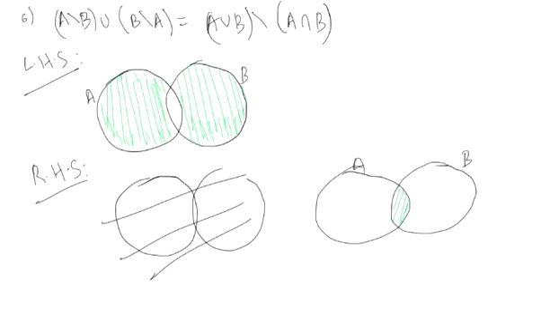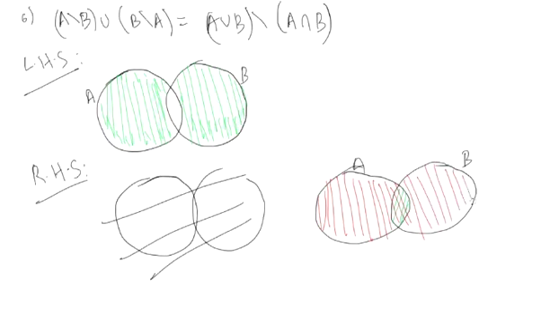Then A union B is the entire region. Now, when you subtract, what does this mean? A union B set difference A intersection B means you are subtracting A intersection B from A union B, right? So what do you have left?